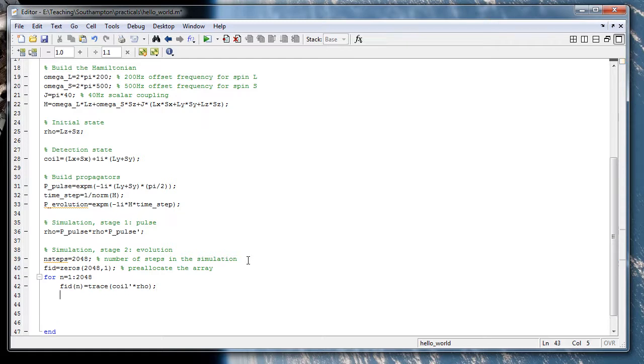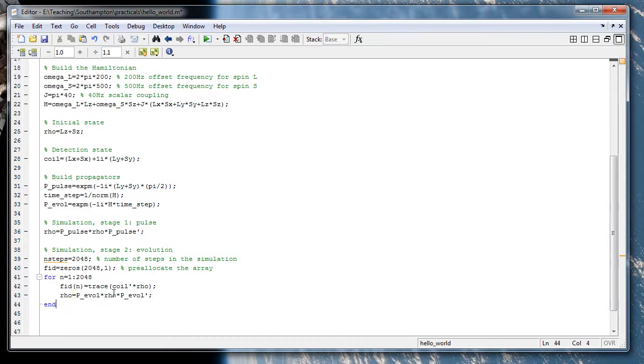Right, so we've detected our current state, so what we now have to do is to propagate it forward by a single time step. So then rho is our P evolution. Slightly too long a name here. P eval. Let's make it that way. Rho P eval conjugate, and that will be it. So end.